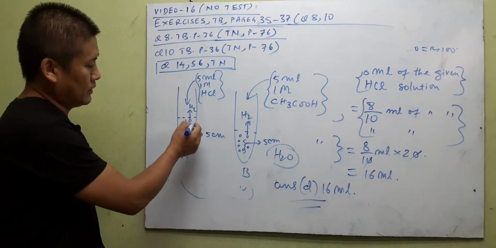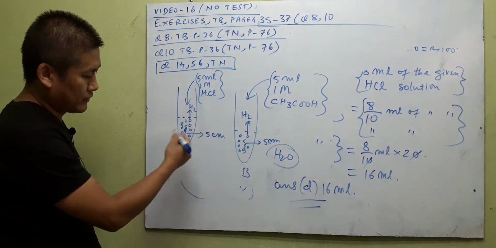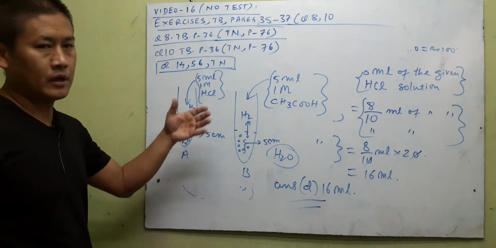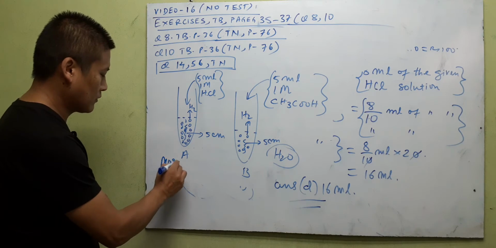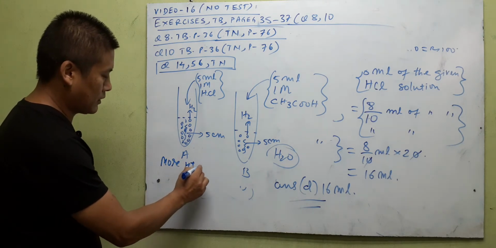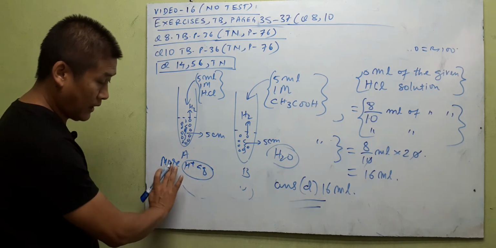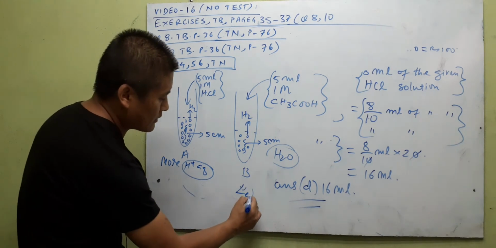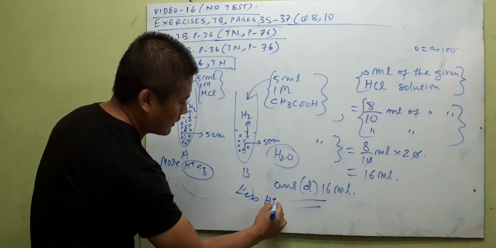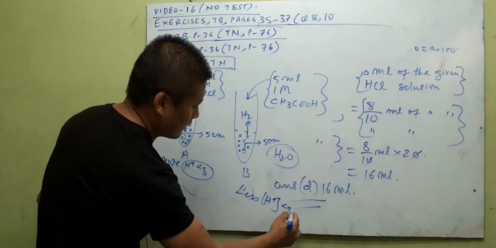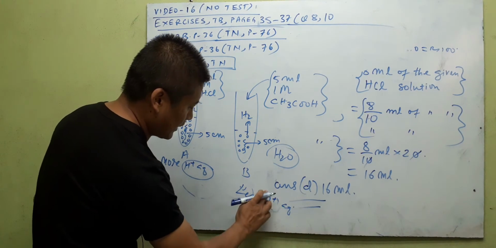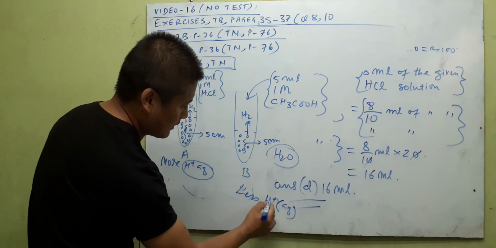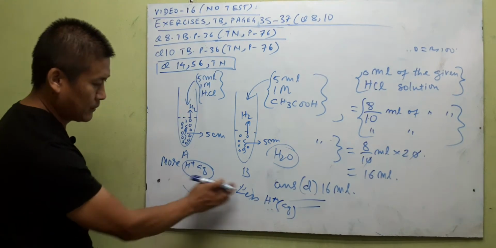Because this is a strong acid, HCl. We know by definition also that it releases more hydrogen ion. So there is more hydrogen ion available here. And here it releases less hydrogen ion, so less hydrogen ion is available here compared to this.